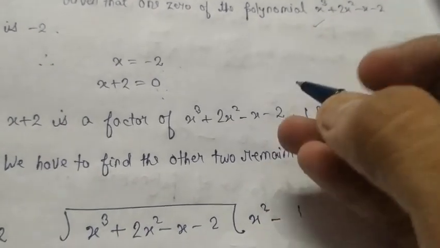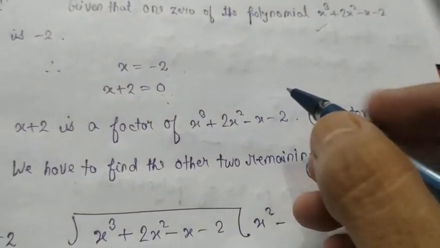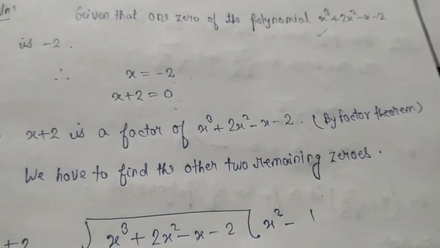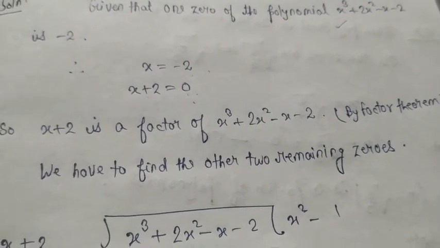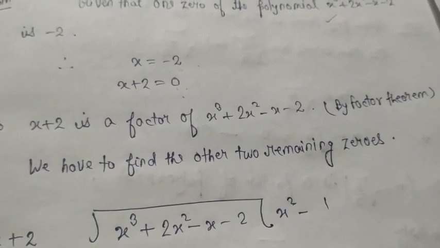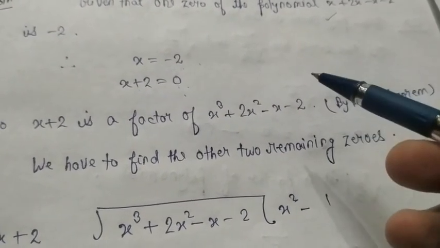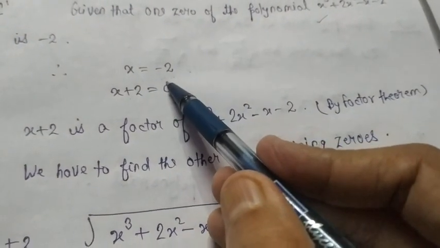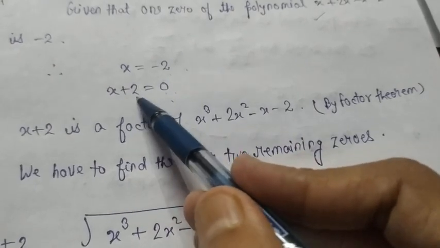See children, you have studied in class 9th also the factor theorem. What you do is put the value in the expression, and when the expression becomes 0, that value gives a factor of the given expression. Same here, x equal to minus 2 is the zero, so I have written x plus 2 equal to 0.